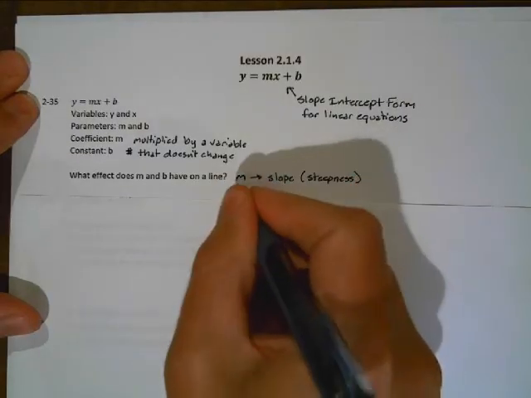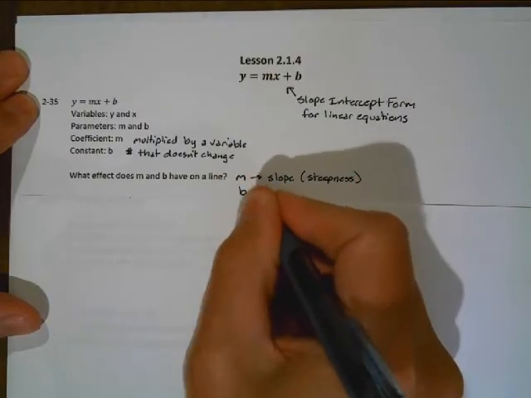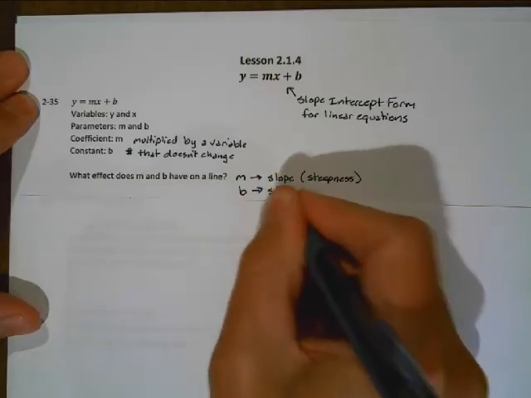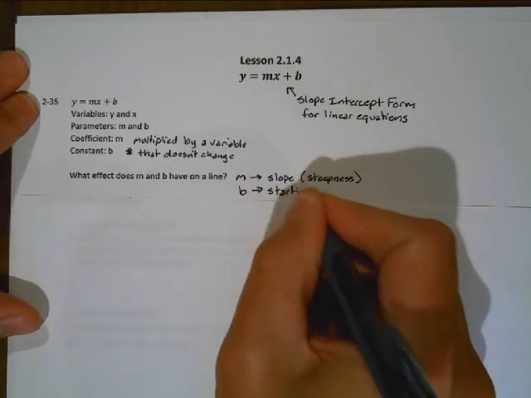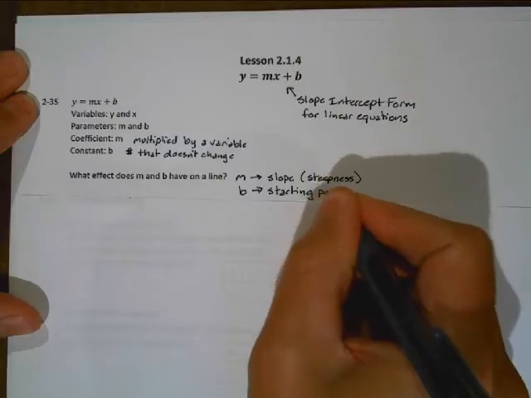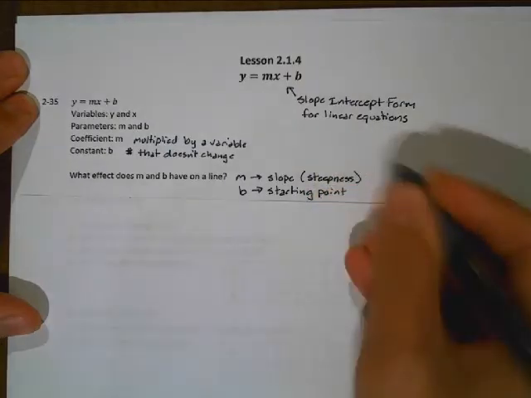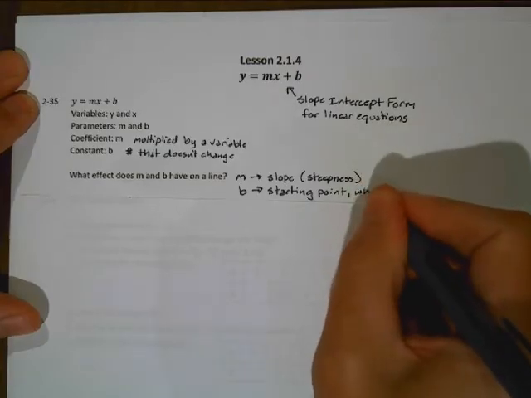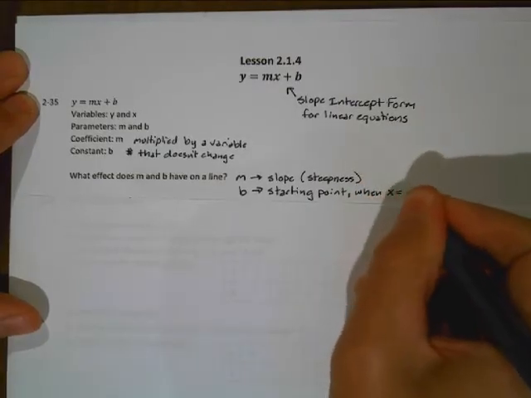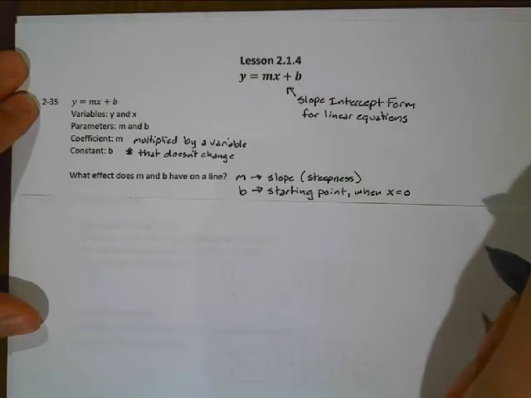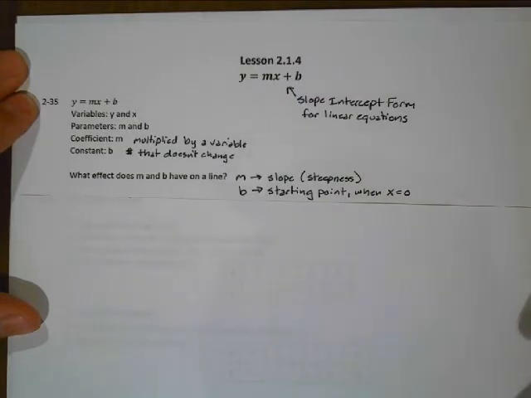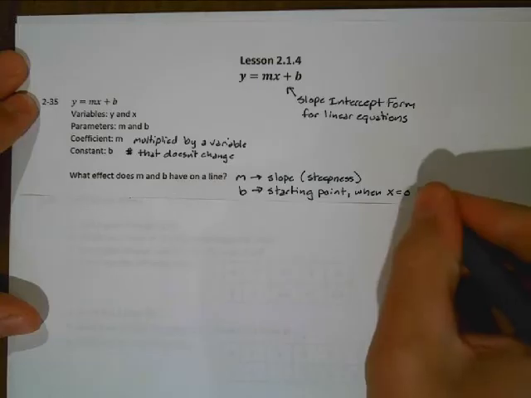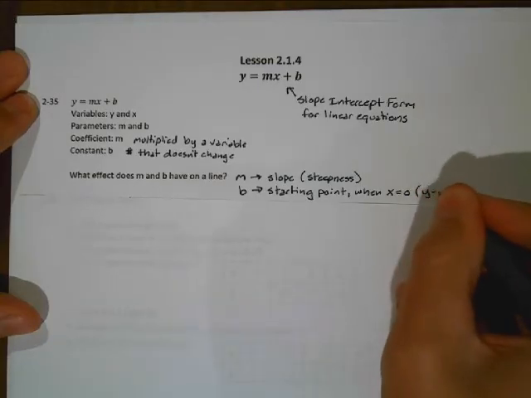And we said b is the starting point, which also means that's when x equals 0. So you plug in 0 for x, and then you get the y value, which is going to be b. And we also call this the y-intercept.